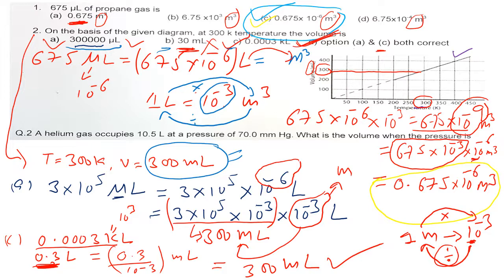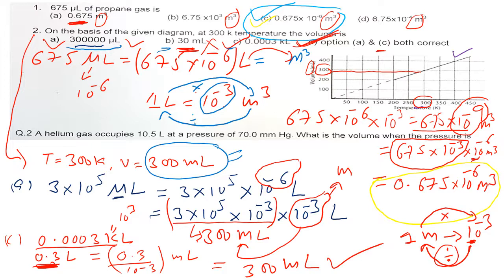From this point you go up, and where this line is cutting this graph, it is cutting here, and then you move to the volume axis. Where it is touching the volume axis, this is the value of the volume at 300 Kelvin temperature. So for this second question, the temperature is 300 Kelvin and the volume is 300 milliliter.